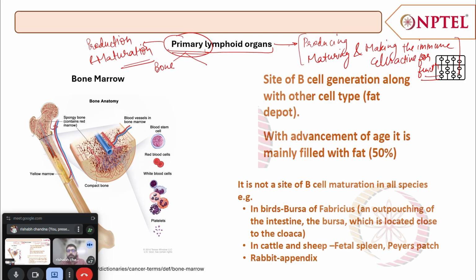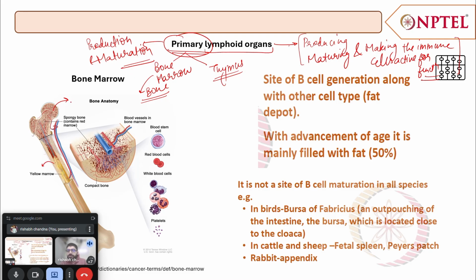Talking about the primary lymphoid organs, we have two: first is the bone marrow, and the second is the thymus. Bone marrow is present in the core of the bone, and it has two parts: the red marrow and the yellow marrow.